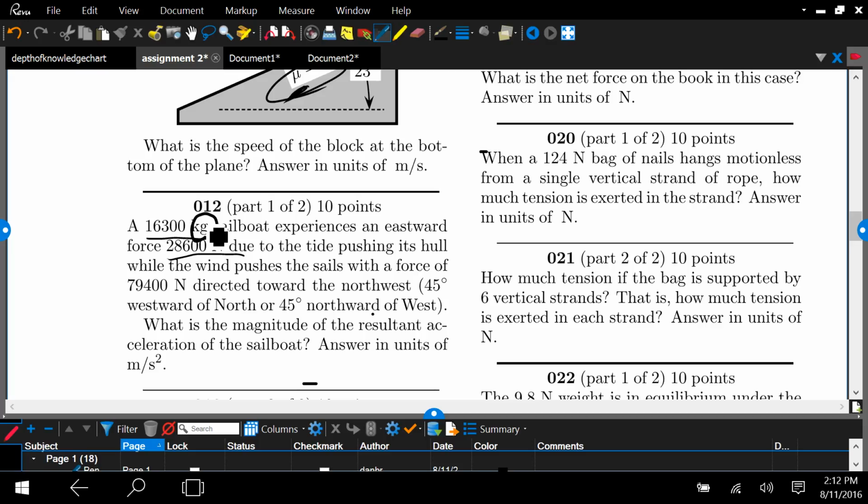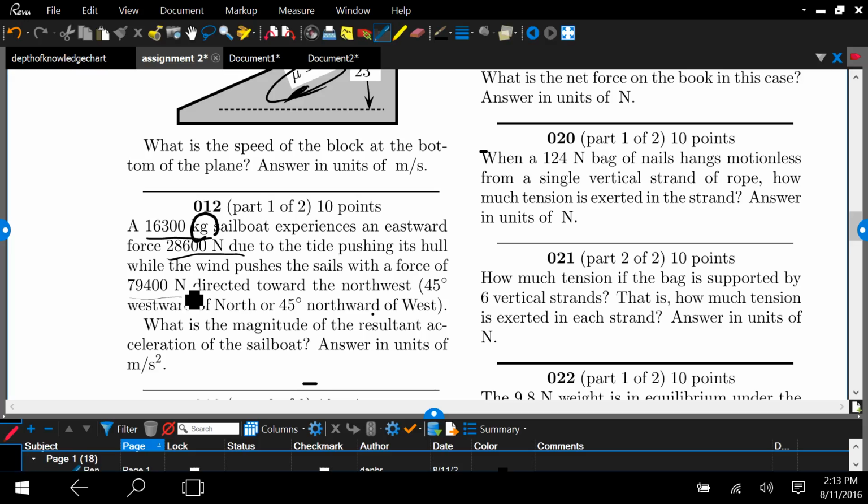And it gives you a second force here of 45 degrees westward of north, or 45 degrees north of west. And it wants to know what is the magnitude of the acceleration of the sailboat.